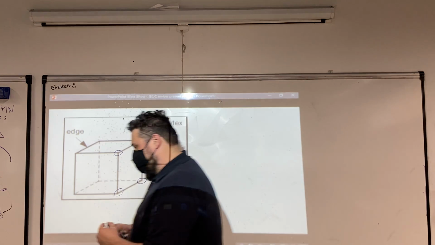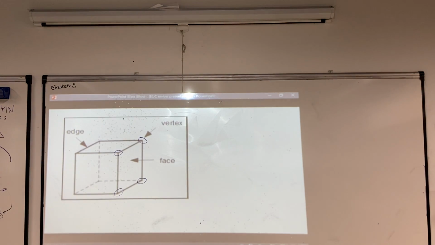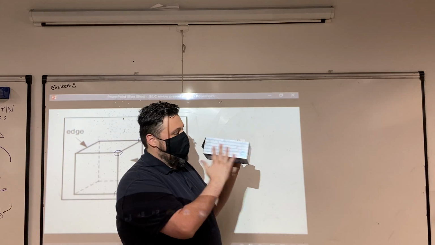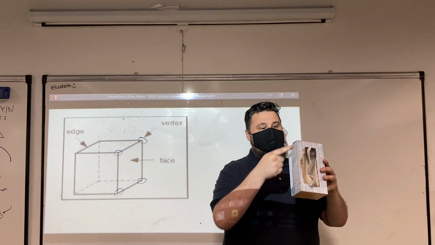Where's that tissue box? So here on this tissue box, this is a face. Think of a face as the part that you can color, draw on, make your designs. This is an edge.